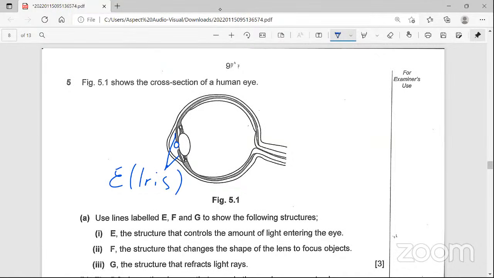Are we together? You have to label both, because both of them are being used to control. No, this is explaining to show you what it's called. So you can put your E, and I'm telling you that this is the iris. So even if you leave with E, you get your answer. Yes, E is the correct one.